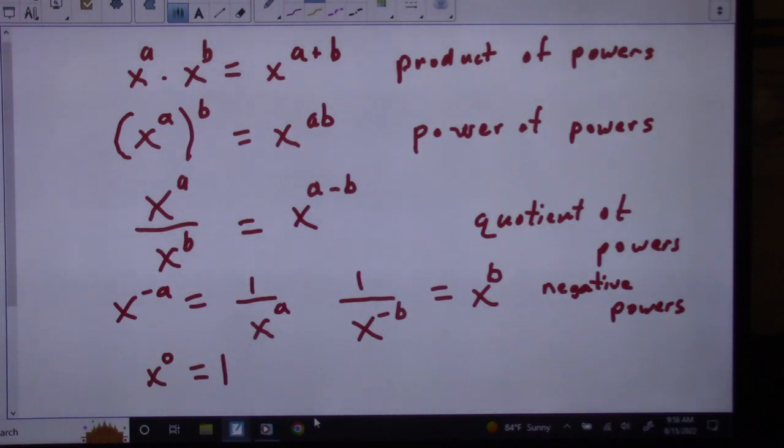All right, so this is called the zero power rule. So basically, these are the main rules we use of exponents.